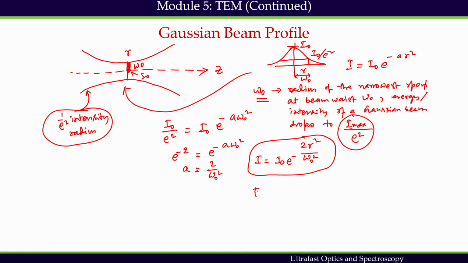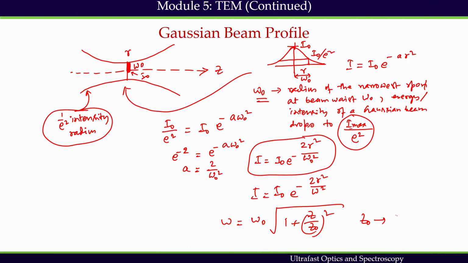And in general, as omega will change, we can also write 2 r square by omega square, where omega is the size of the beam, which will depend on the beam waist, the narrowest size, multiplied by square root of 1 plus z by z naught square. z naught is the Rayleigh length.